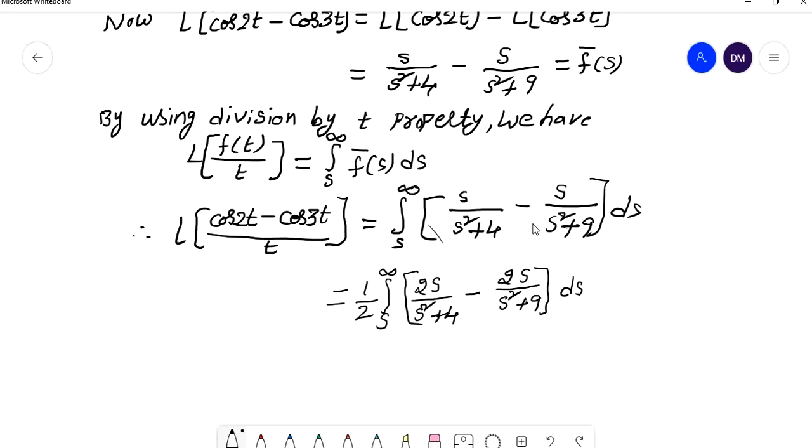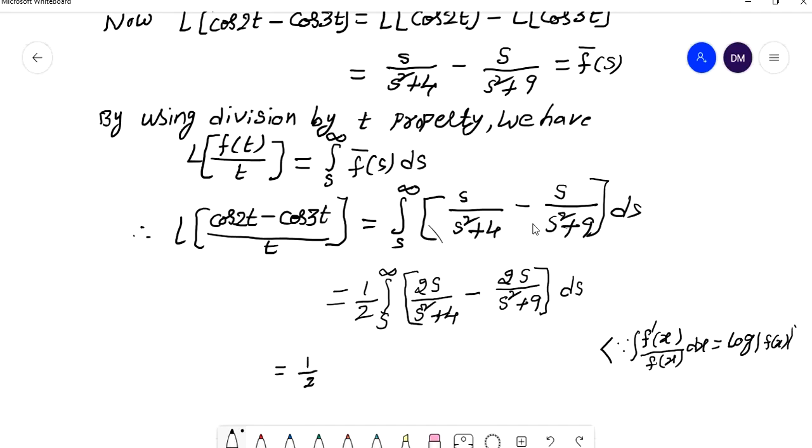Right, now this is equal to 1 by 2 into, and we know an integral formula: the integral of f dash of x by f of x into dx is equal to log mod f of x, or log f of x.